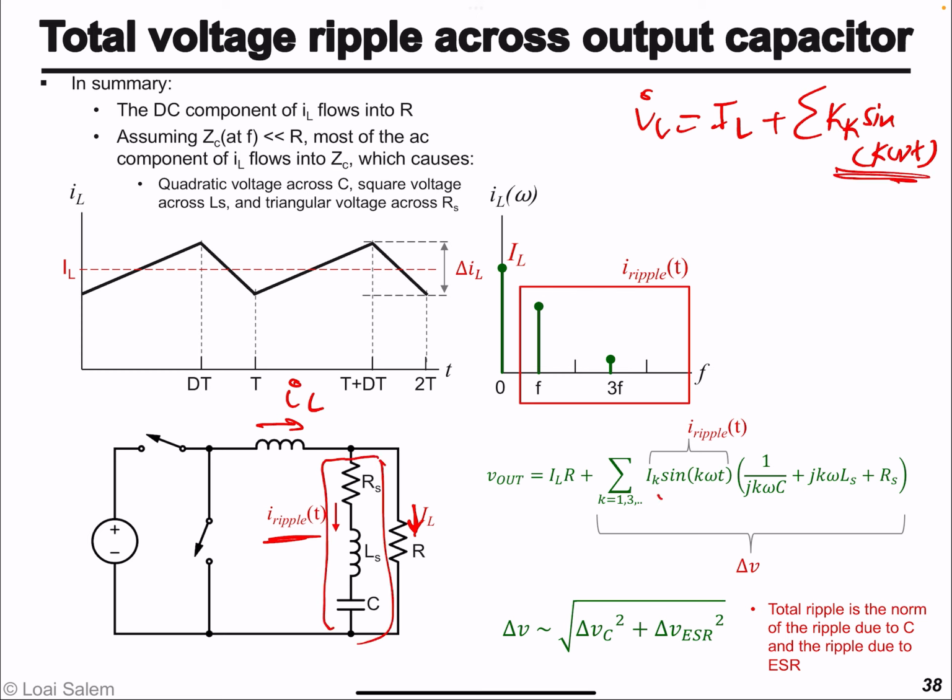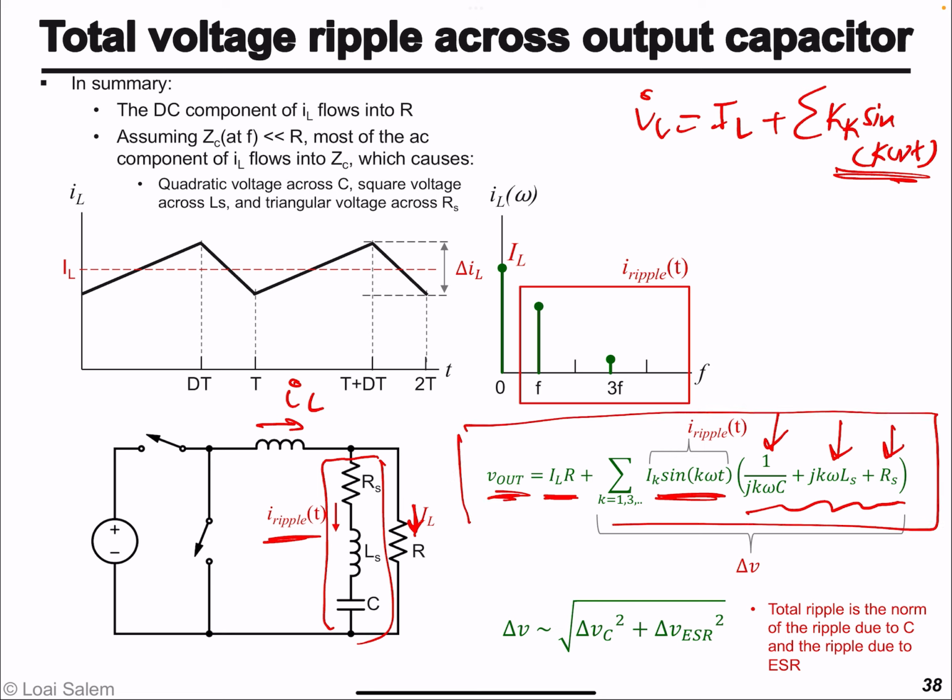And that's what I did here. All of the harmonics will see the impedance due to the equivalent series resistance of the capacitor, its series inductance, and its actual capacitance, while the DC component sees the load resistor, and so the output in Fourier series is given by this expression.